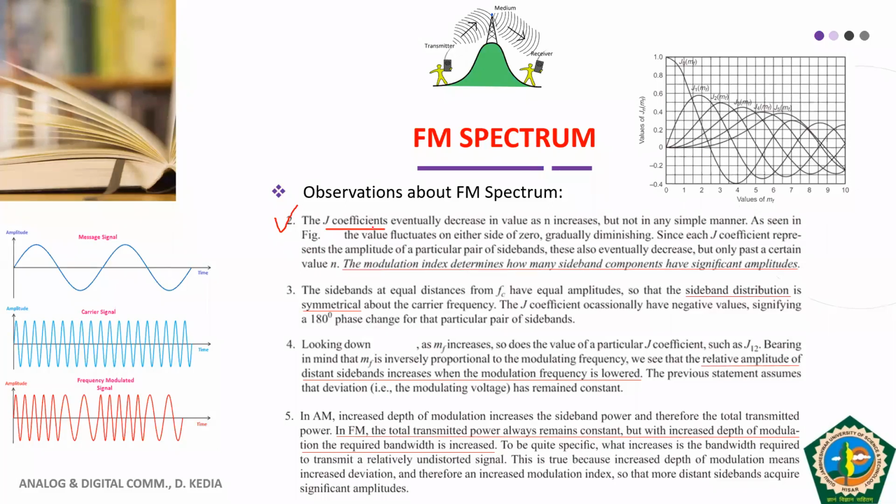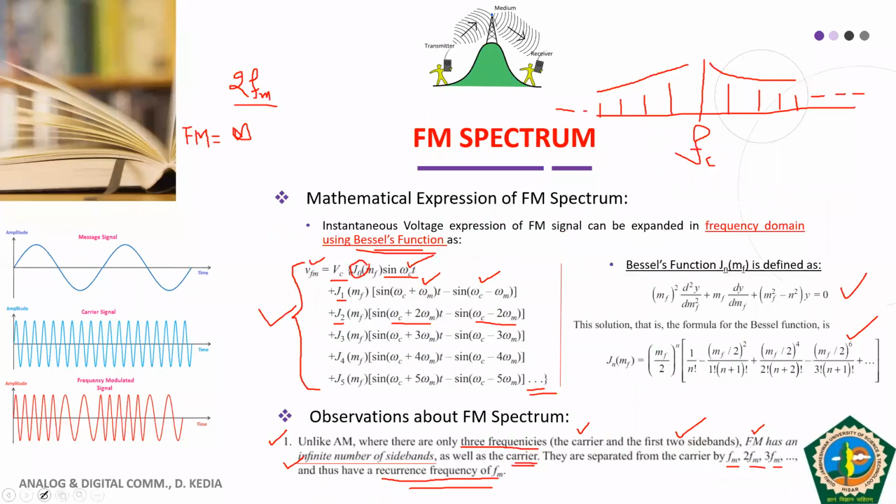As the order of the Bessel coefficient increases, like as you move from J0 to J1, J2, J3, J4 and so on, these Bessel coefficients decrease, but not in any simple manner. If you look at this portion again, the various amplitudes of the sidebands are decreasing, but this decrease is not uniform or linear. It may vary, but one thing is for very sure, that there is a decrease in the amplitude.